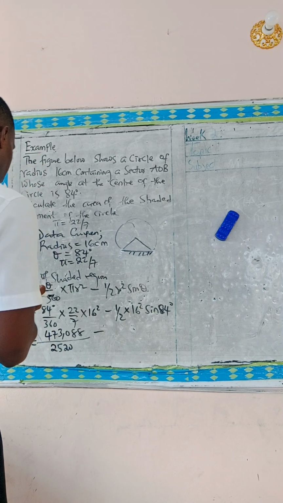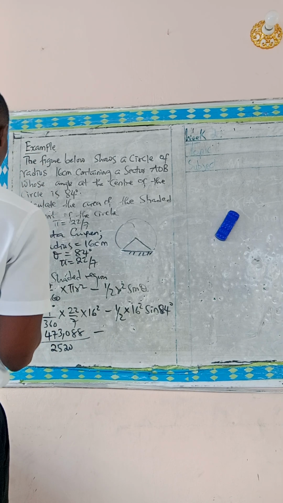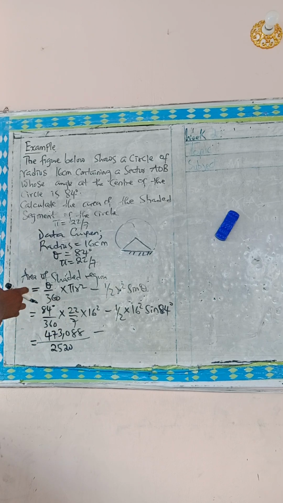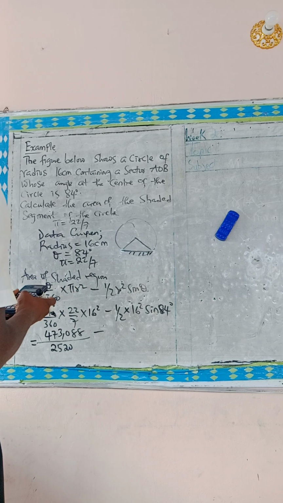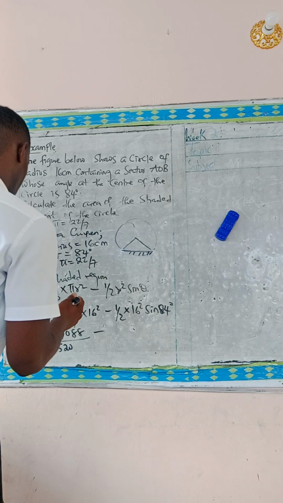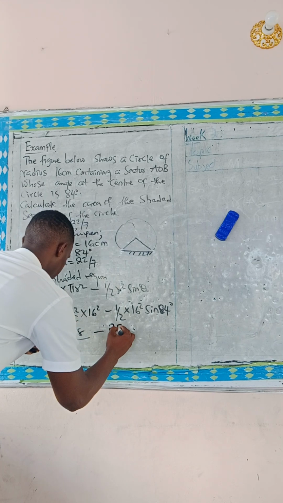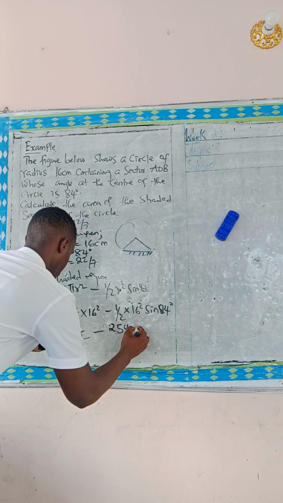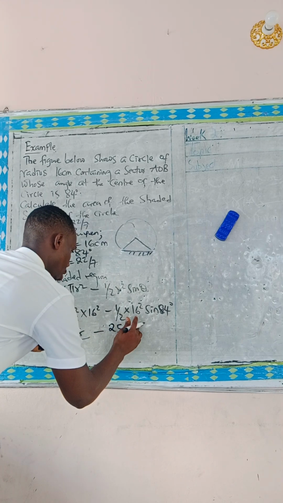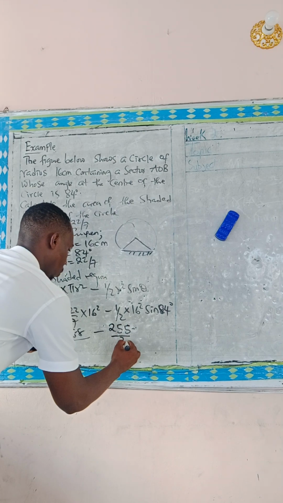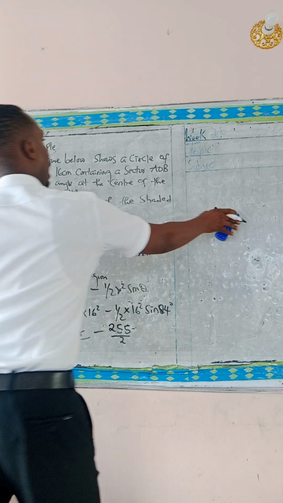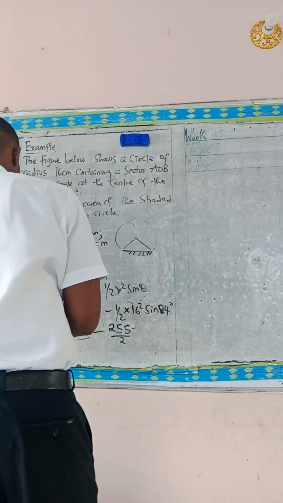Minus 16 square, which gives 256, times sine 84 degrees, which gives us 254 point something, or approximately 255, divided by 2.